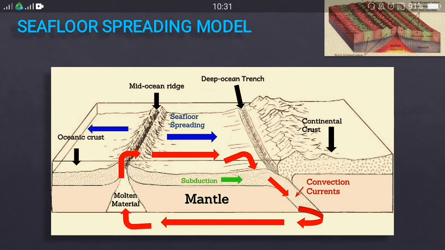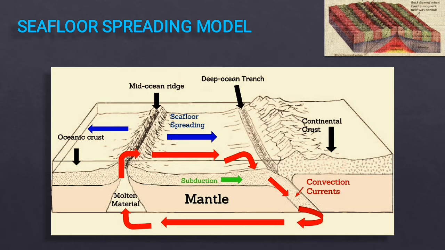Seafloor spreading model. Seafloor spreading, of course, happens at the bottom of an ocean as tectonic plates move apart. The motivating force for seafloor spreading ridges is tectonic plate pull rather than magma pressure, although there is typically significant magma activity at spreading ridges.